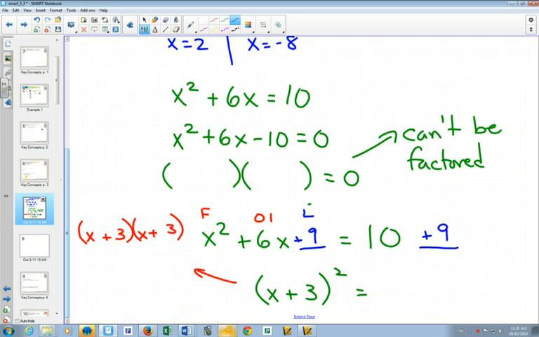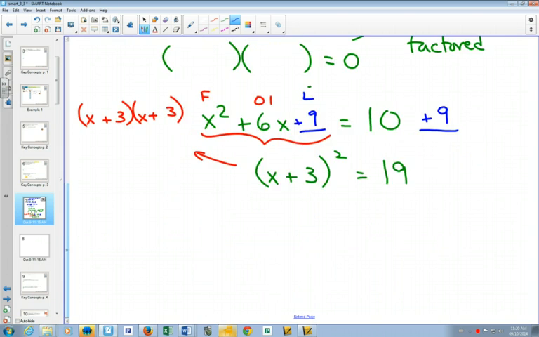But what do I get now? This whole thing makes a perfect square. It makes x plus 3 squared. And on this side now I have 19. Now I've got an x squared all by itself.